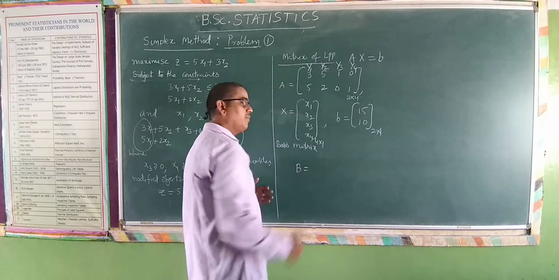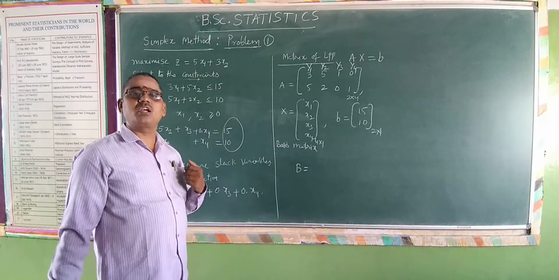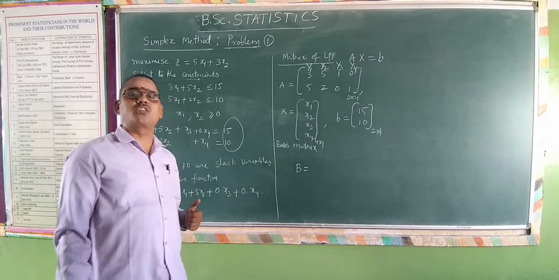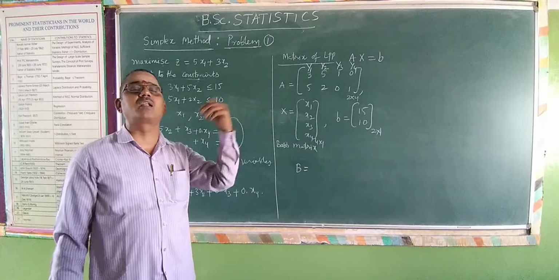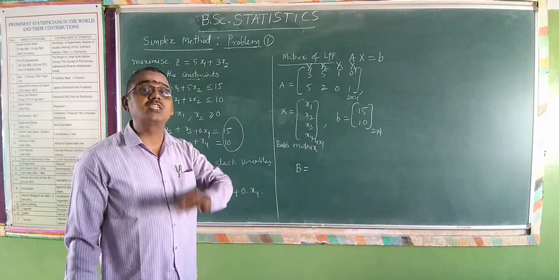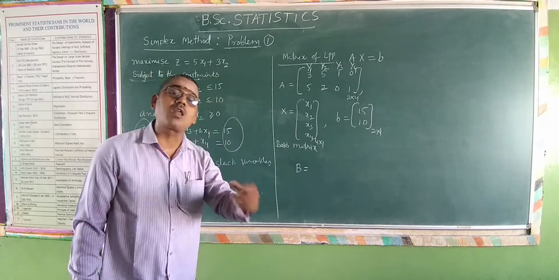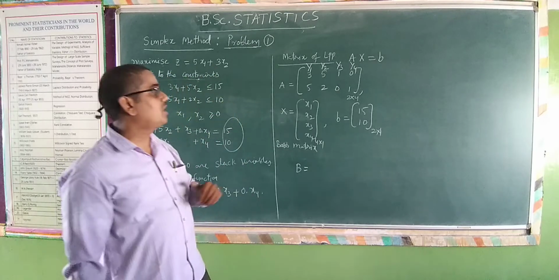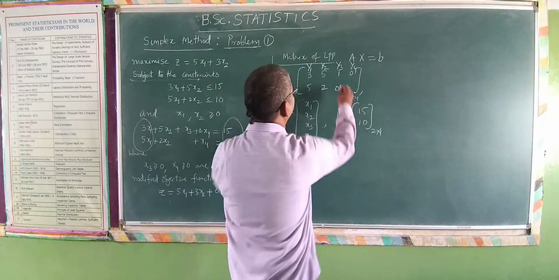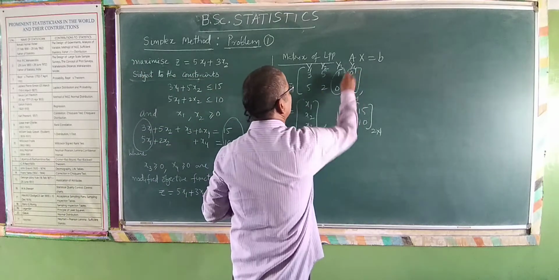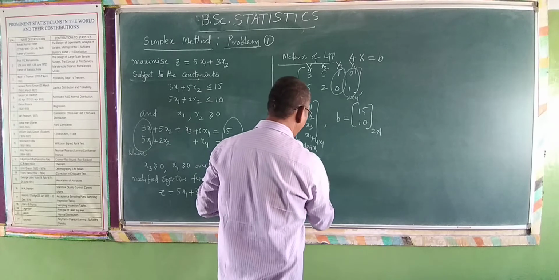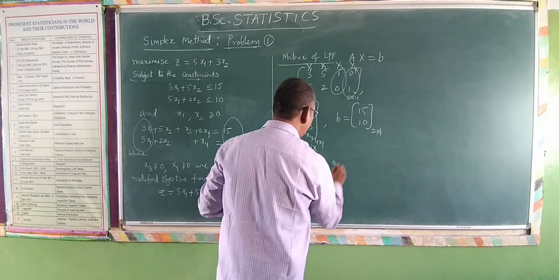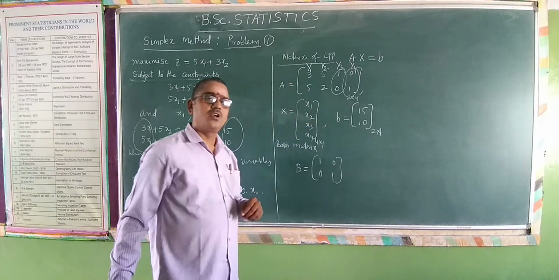If you recollect the mathematics terminology, a basis matrix is nothing but a unit matrix, but you have to consider the vectors always as column vectors. Considering column vectors, you see here this is 1, 0 and 0, 1, which represents y3, y4. This is the basis matrix.